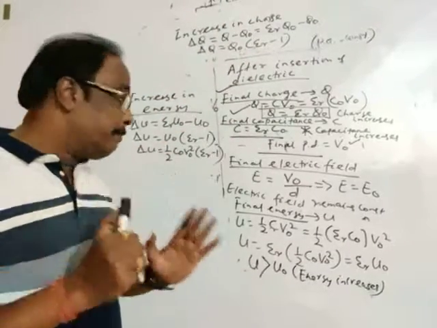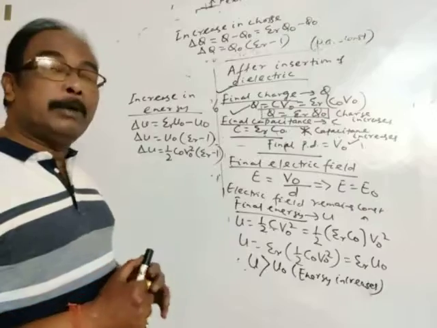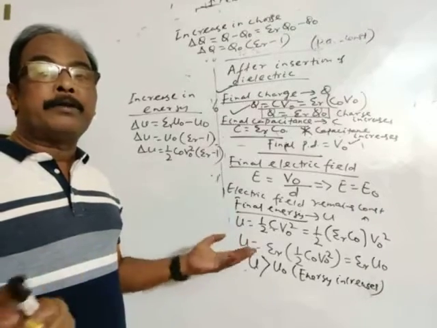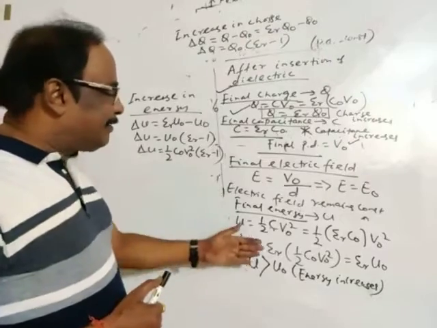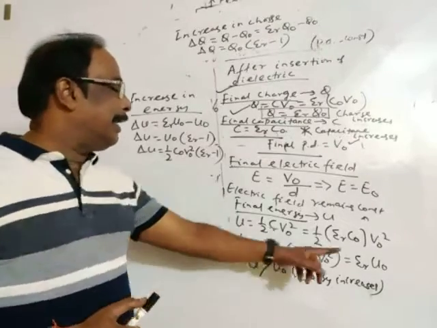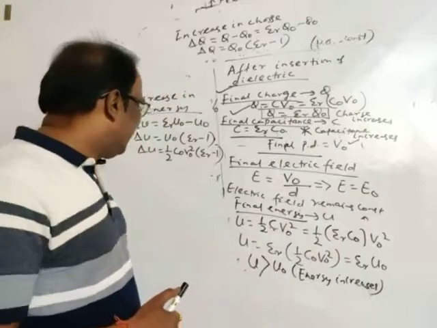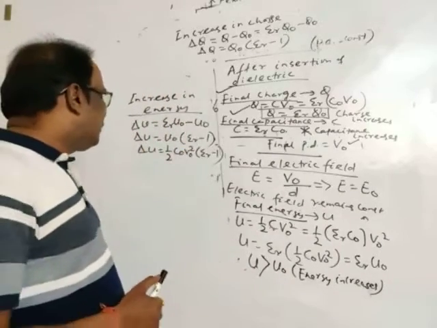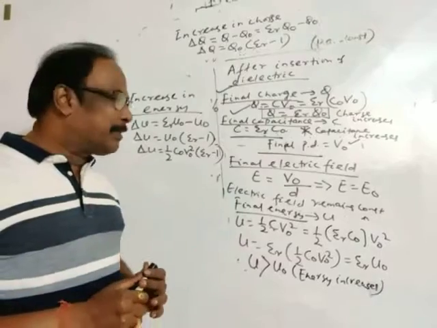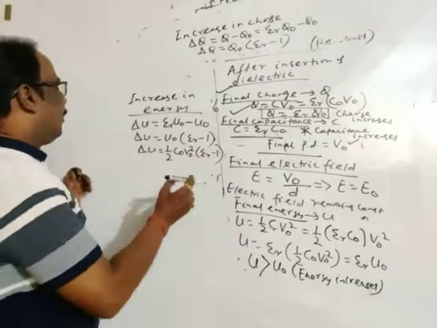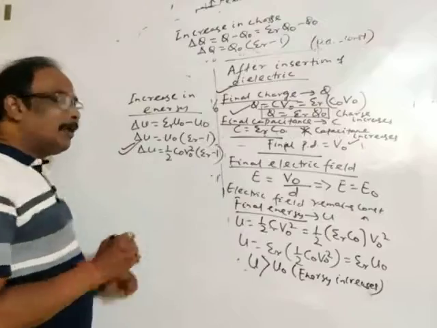Here also the same fact: 50% of the energy is lost due to external work. So the final energy is epsilon r times the initial energy, and the increase in energy is this much. Just remember this concept.